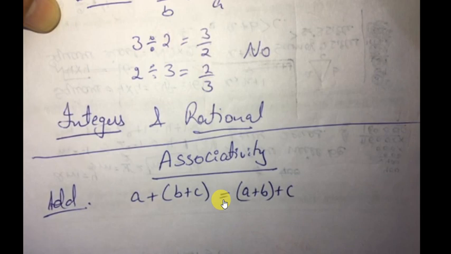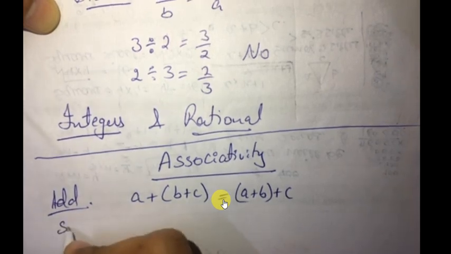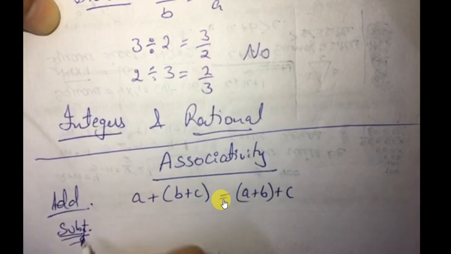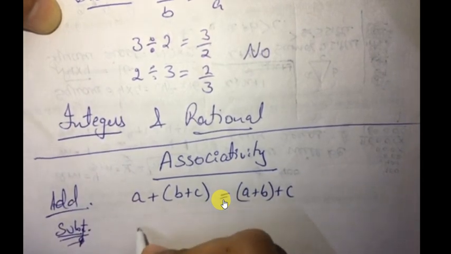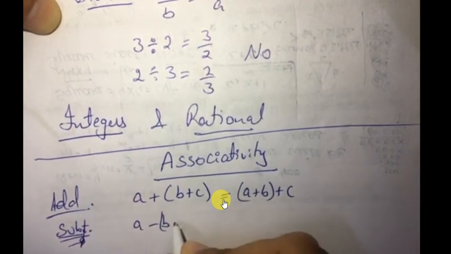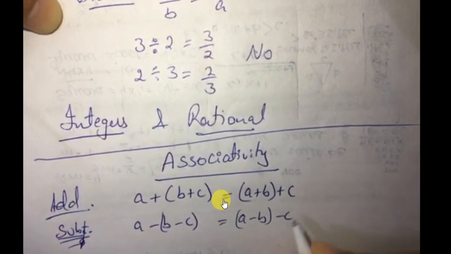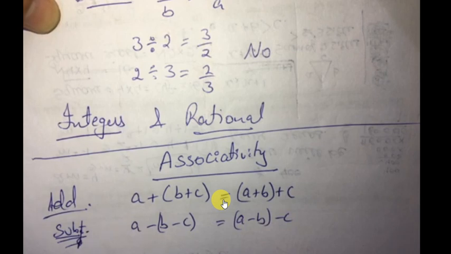If it is not proving, then it is no. Then for subtraction, it will be a minus bracket b minus c, which should be equal to bracket a minus b, minus c. You need to check this also with whole numbers, integers and rational numbers. In each case, if it worked, then it is yes. If it did not work, then it does not work for this one.